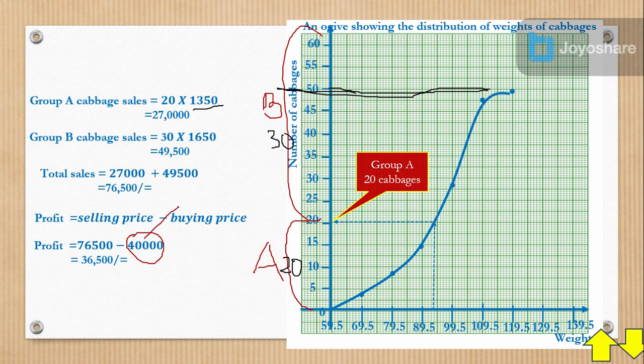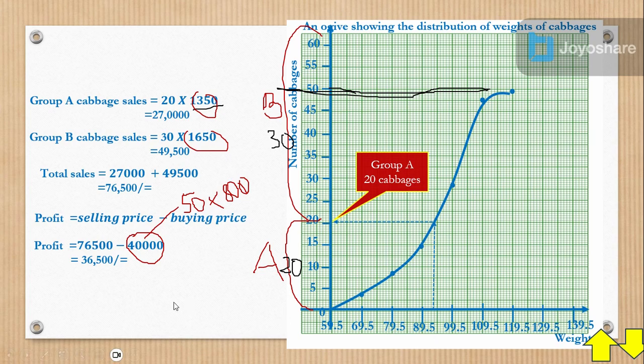Remember they said that they bought 50 cabbages in total, 50 cabbages times how much is each cabbage. Each cabbage is 800 shillings, and that gives you the 40,000, which is the buying price. But now they were selling group A cabbages at this, below the average, and group B cabbages at this. I explained how the 30 comes about. You can rewind the video, and then with that we can proceed.